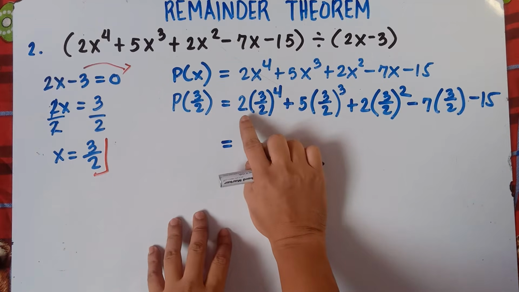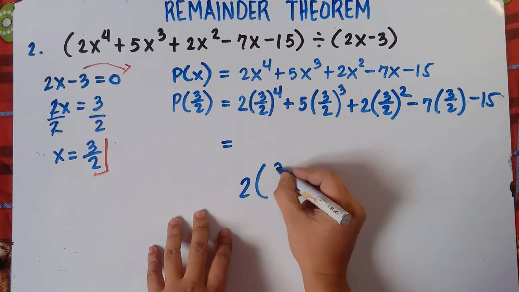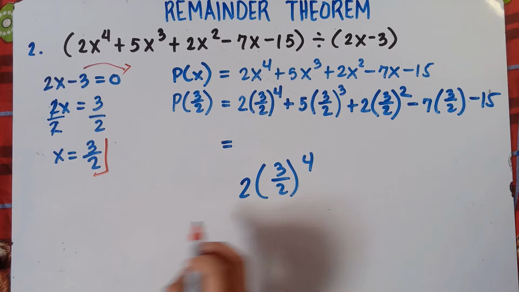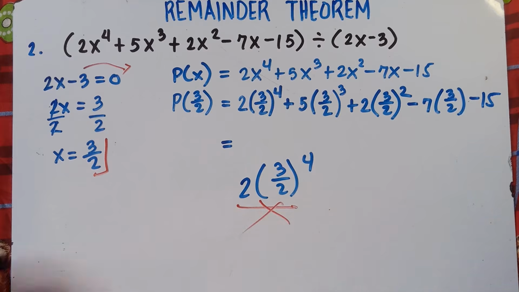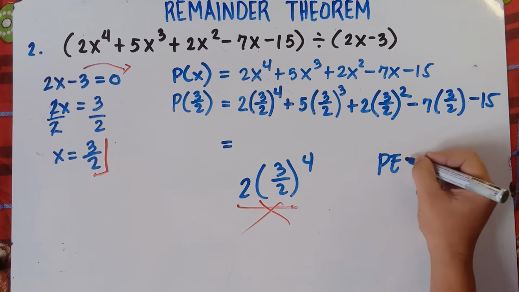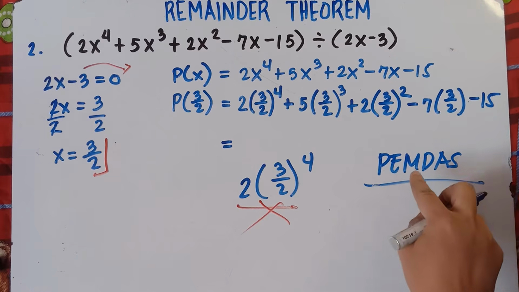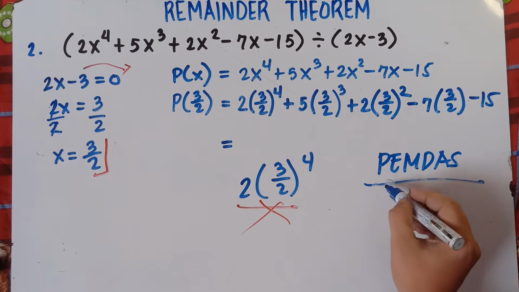If you have this 2, then the quantity 3 over 2 raised to the power of 4, do not multiply this one, class. You need to follow PEMDAS: parentheses, exponents, multiplication, division, addition, subtraction.